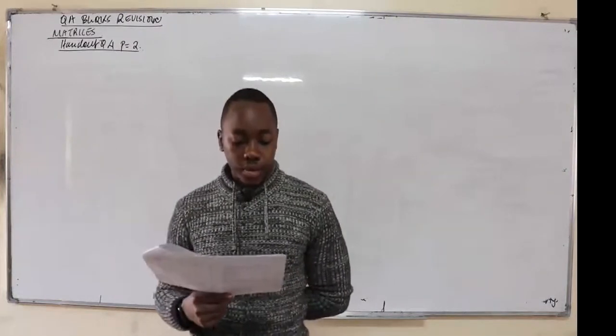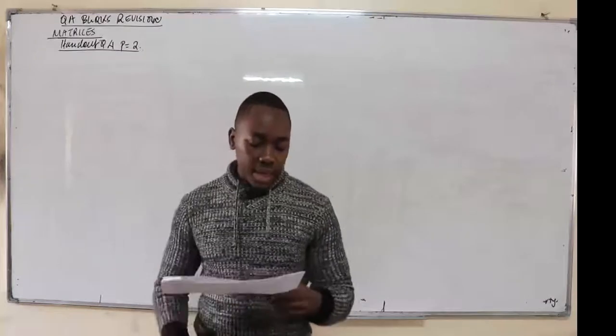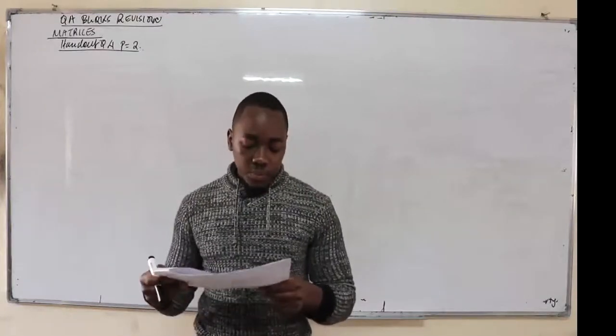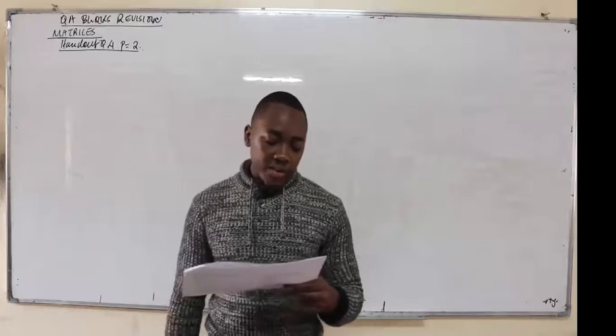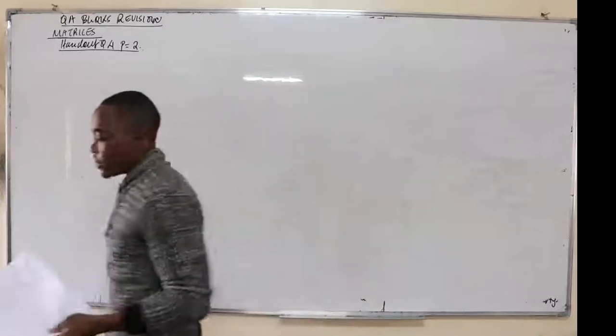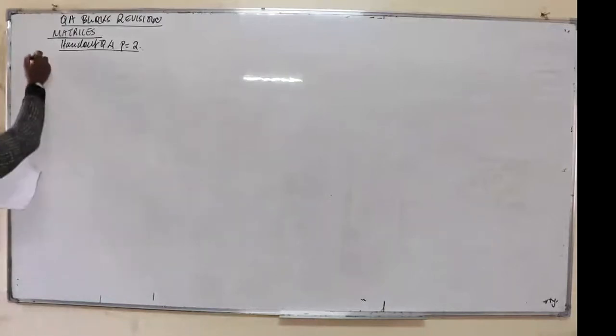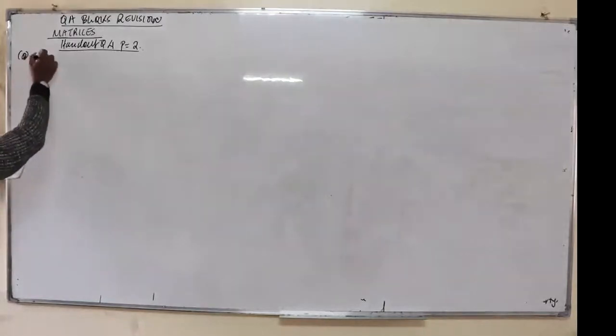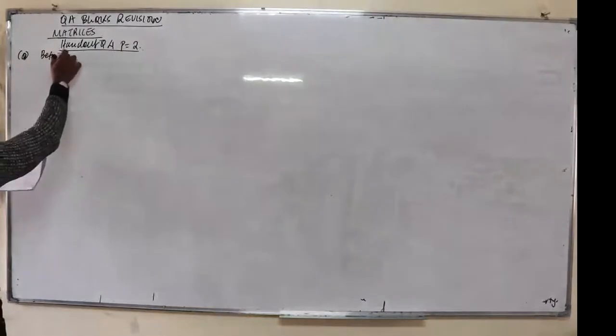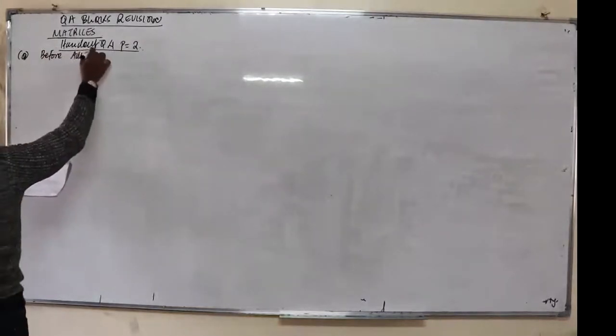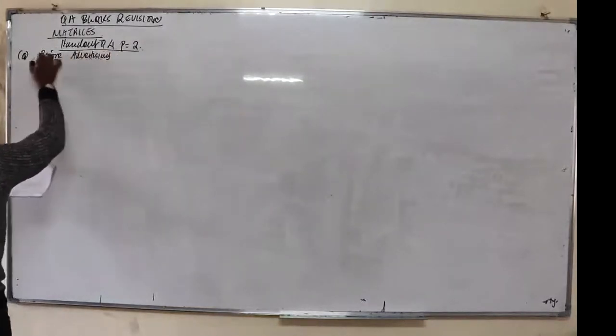Required, number A, the equilibrium state proportion of Tamu Cola Soda before the advertising campaign, the equilibrium or long run. So we are looking at the equilibrium before advertising. We need to compute the equilibrium state.